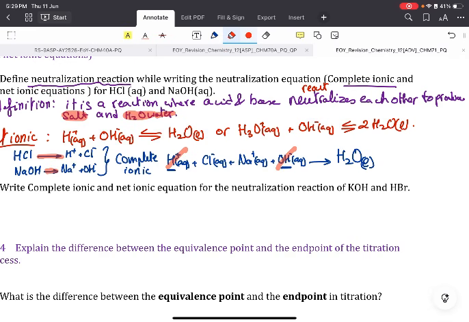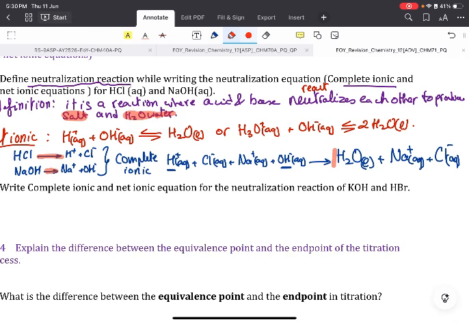Now what remains over here is Na plus and Cl minus. So you copy them as they are. Na plus and Cl minus. Now if you wrote Cl minus then Na plus or H2O at the end, it doesn't matter. As long as after the arrow you write this.